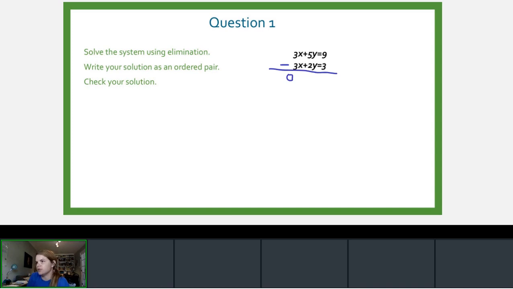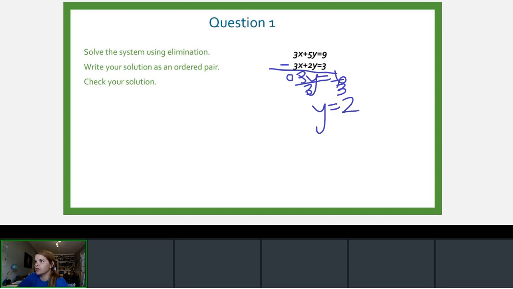You don't have to write that 0, but you can. 5y minus 2y is 3y. 9 minus 3 is 6. I'm going to divide both sides by 3, so my y value is 2.